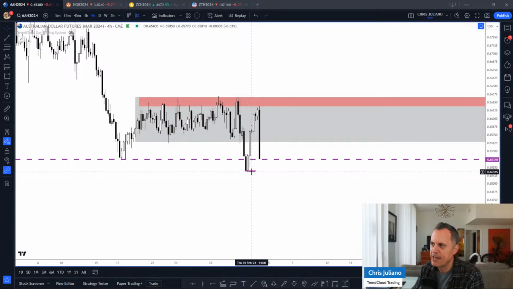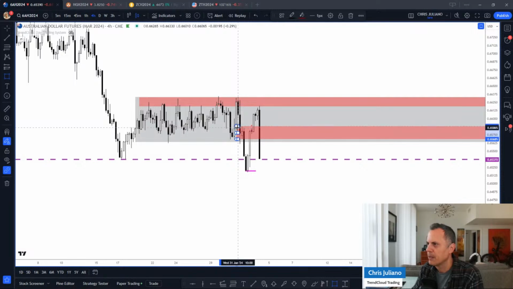So when I saw that, I said, okay, let's start taking trades. And you can see here's the 4-hour. Here's the 4-hour supply zone that broke through all this structure. It ripped through that and stopped us out.